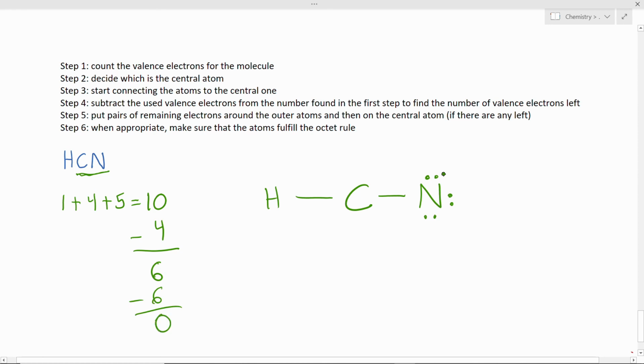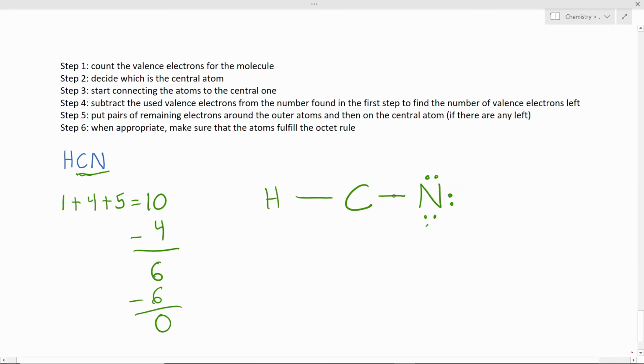Now for step 6, let's double check that our octet rule is fulfilled. So we know that hydrogen is fine because it has its 2 maximum electrons for it. And here for nitrogen, we have 6 here, and we have the shared pair, which adds up to 8 electrons for nitrogen.